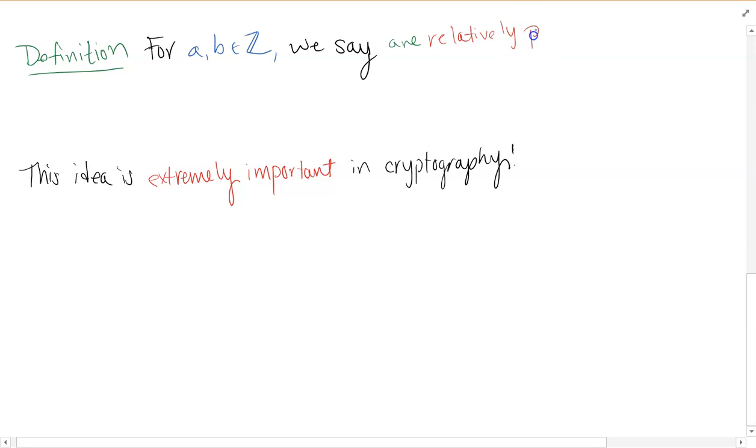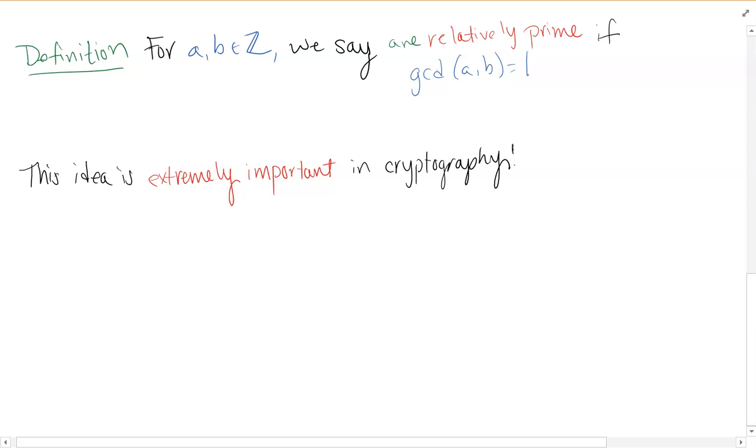What this means is that these two numbers are relatively prime if the GCD of the two numbers is 1.